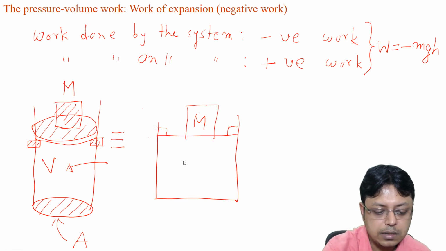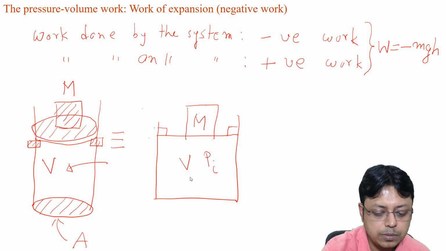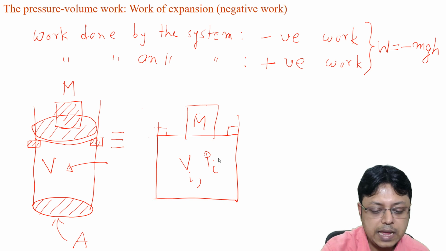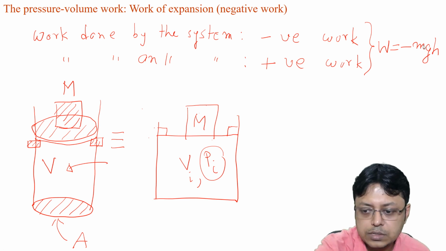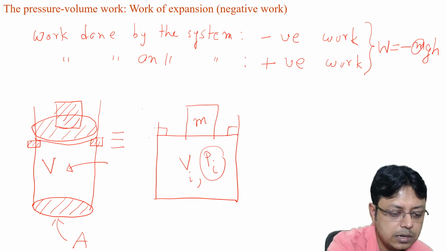In this case, the pressure of this gas, which we denote as say Pi, i for initial pressure, and the associated volume as Vi, the pressure is enough to hold this mass, which we denoted as M. We have been using the mass as small m, so let us just write it as small m instead of capital M.